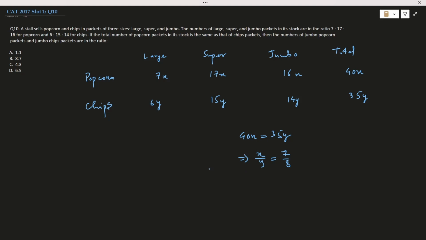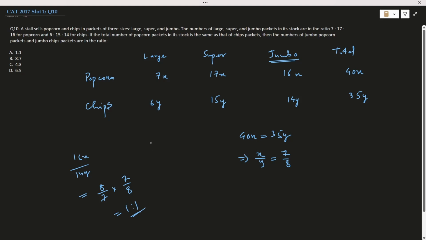Then the numbers of jumbo popcorn packets and jumbo chips packets. So jumbo is this one. So I have to find the ratio, right? So 16x jumbo popcorn packets, and jumbo chips packets is 14y. So 8 by 7 into x by y, 7 by 8, is equal to 1:1. Very simple question, guys.